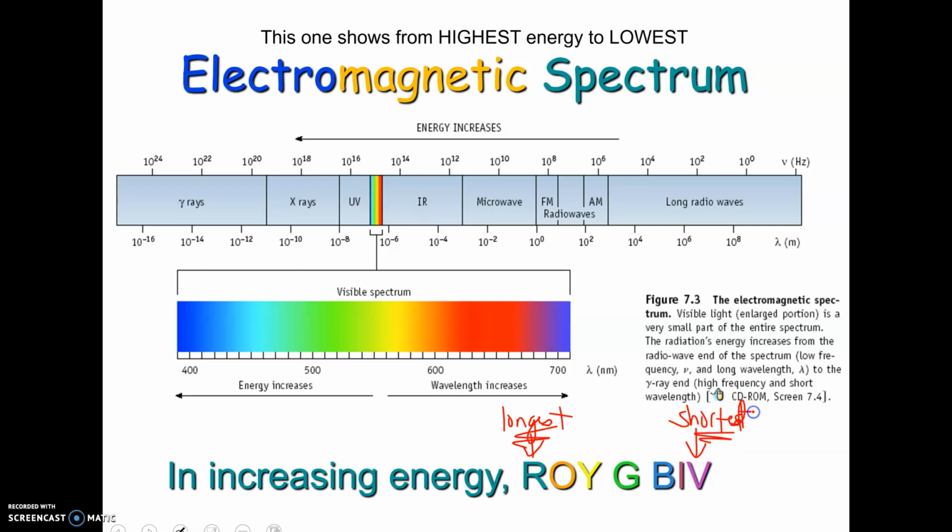One thing I think might be helpful for remembering the correct order, if you're thinking about energy, think about how UV light is dangerous to you, right? UV light is the one that actually leads to skin cancer. So UV, ultraviolet, comes right after violet. So think about if UV has the highest frequency and it also happens to have the highest energy, that's going to be on this end of the spectrum.